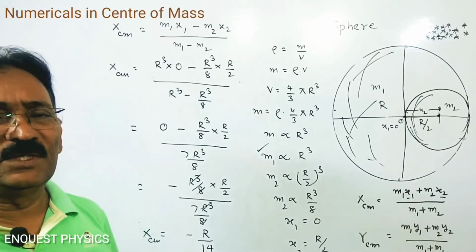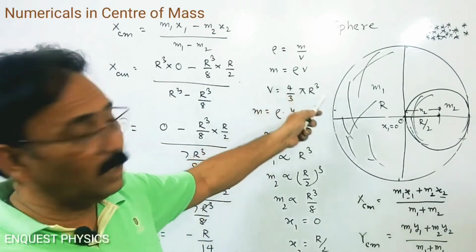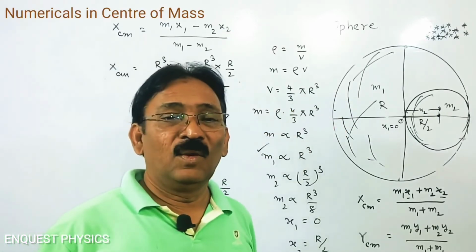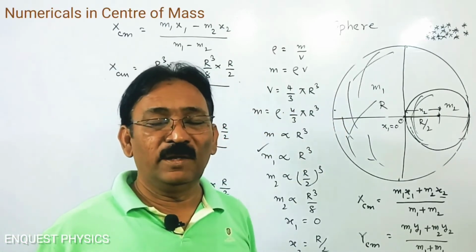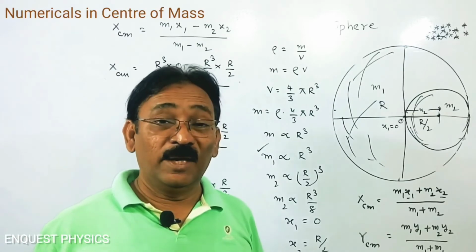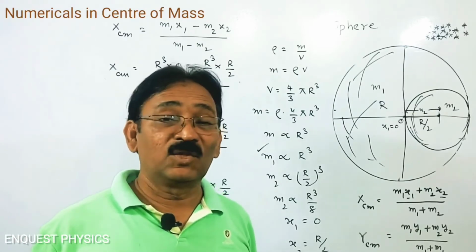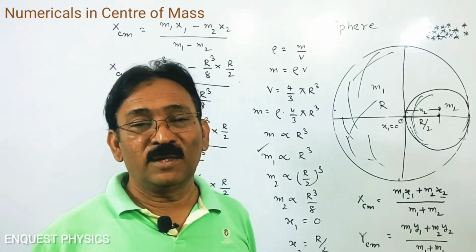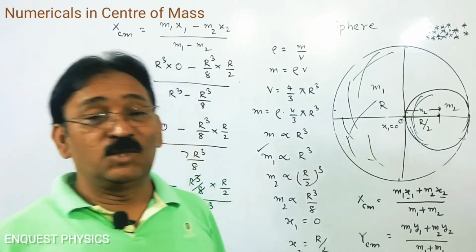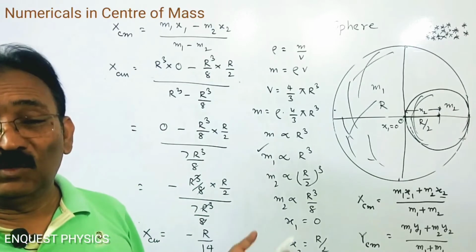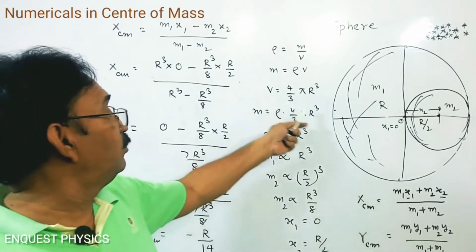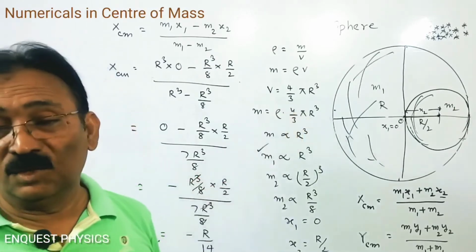My suggestion is, students, just remember mass is directly proportional to a power of the radius. If you take the circular plate, area is pi r squared, then m is proportional to r square. It is a sphere, and we have to take the volume, that is 4 by 3 pi r cube. That's why we took r cube.